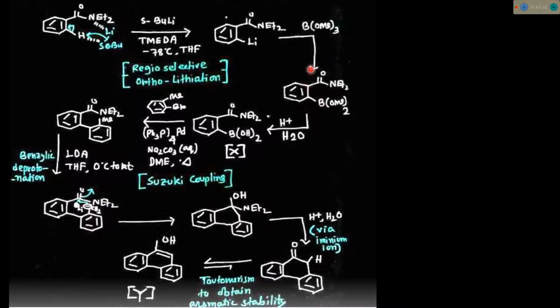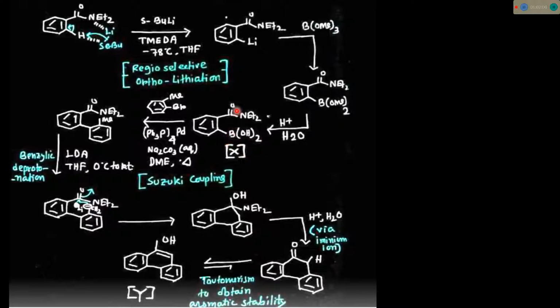Now the product is CONEt2 with B(OMe)2. If we do hydrolysis of this compound, then only B(OMe)2 becomes B(OH)2. The amide group cannot hydrolyze, it is less reactive, so the amide group is still there in the product.